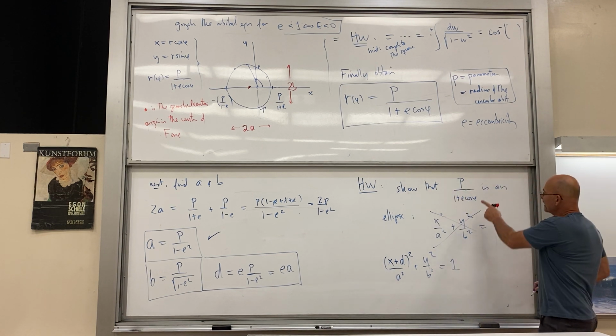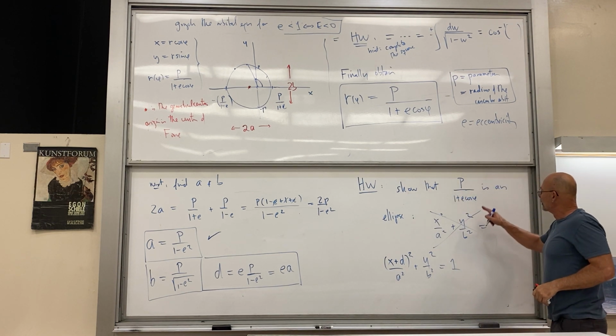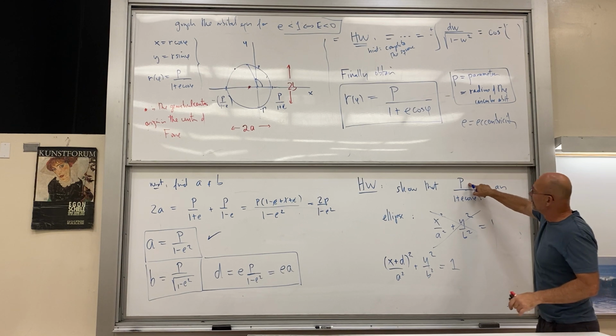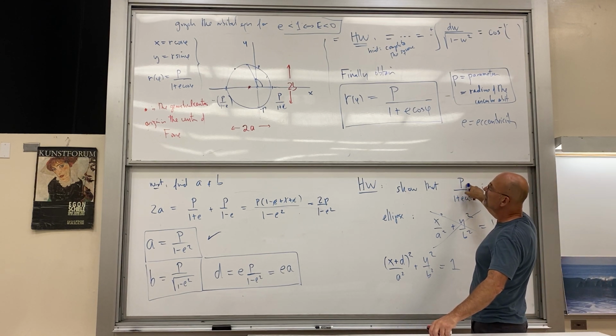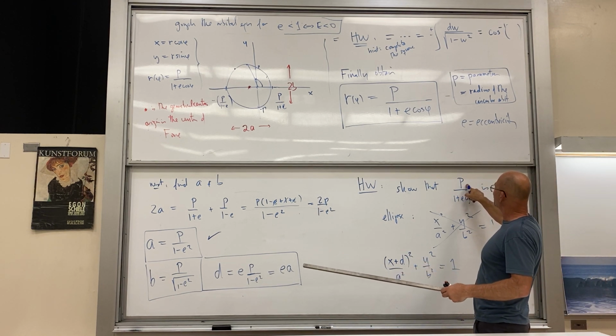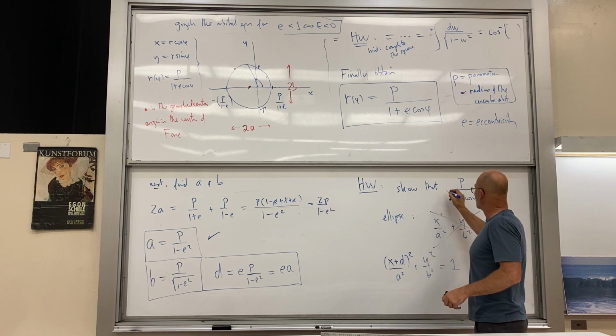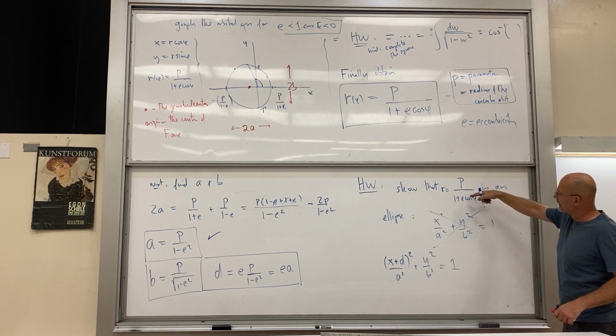So we have to show that this works, and again, let's write r equals P over 1 plus E cos phi.